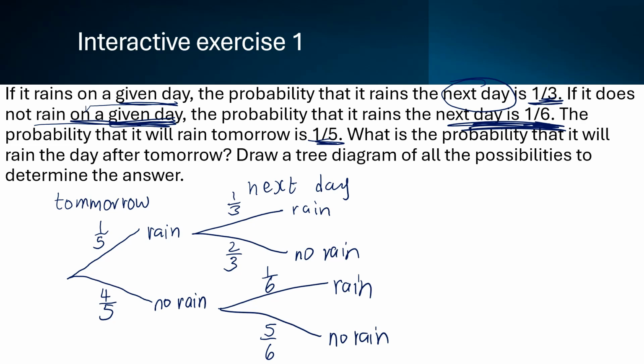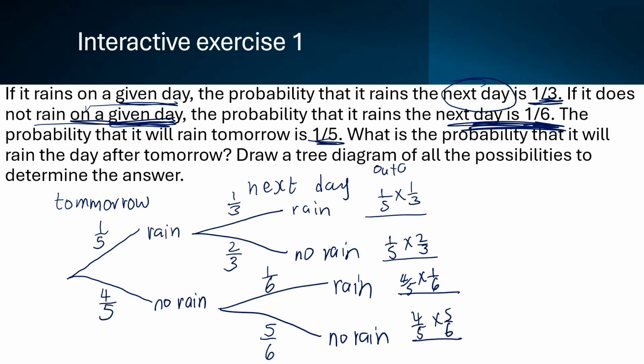Okay, so obviously guys, don't forget to indicate your outcomes there. My outcomes, I can just write them as the probability 1/5 times 1/3. It will be 1/5 times 2/3. Here will be 4/5 times 1/6. And here it will be 4/5 times 5/6 as our outcomes.